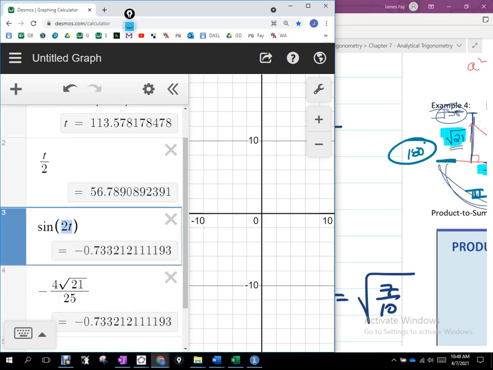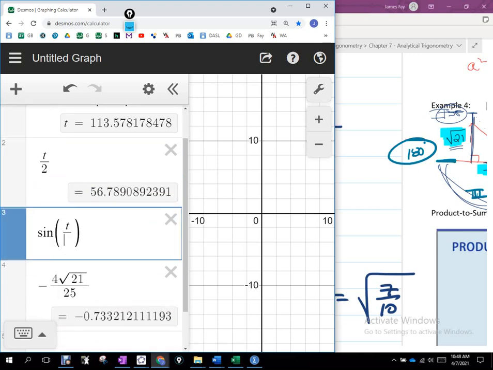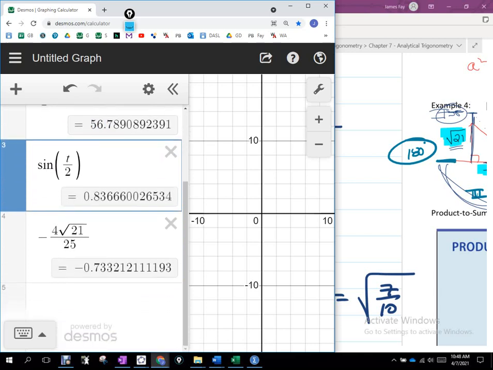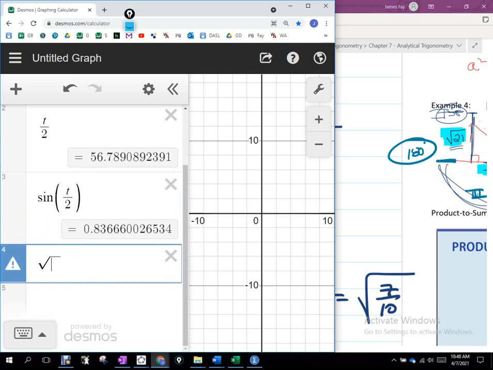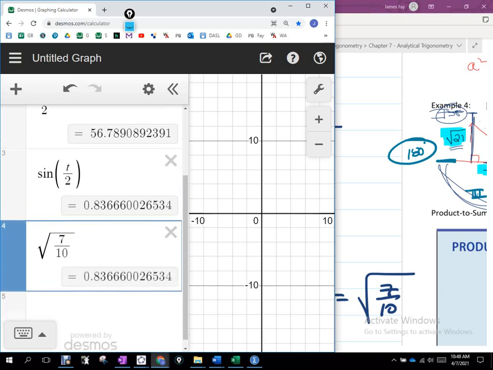And then if I go t over 2 here, I get 0.83, so that's the exact y value at 56.7. If I go square root of 7 over 10, same y value, right? So this is the decimal version. That's the exact version. You see kind of a purpose of those.